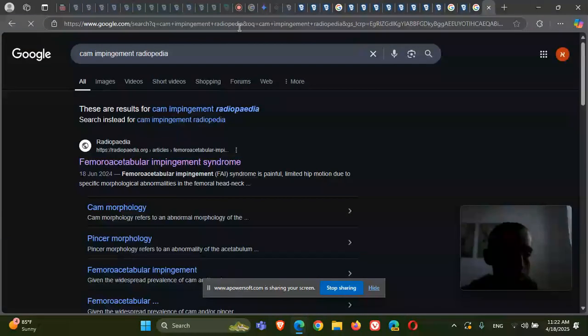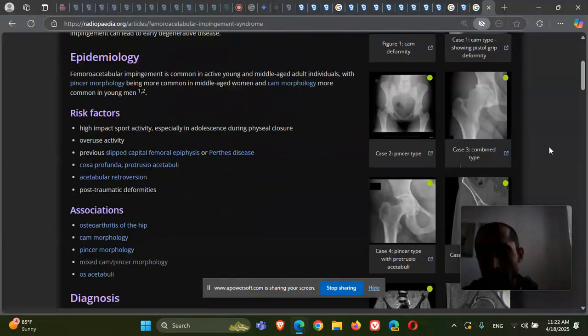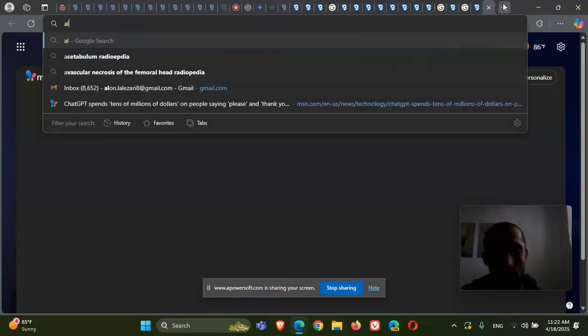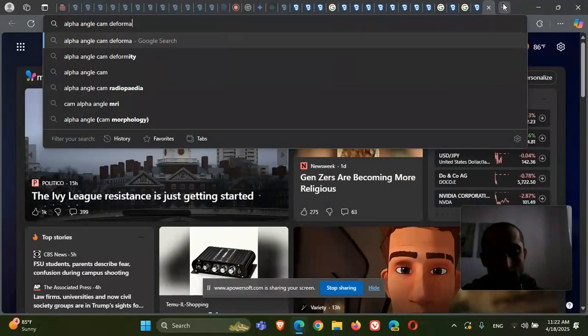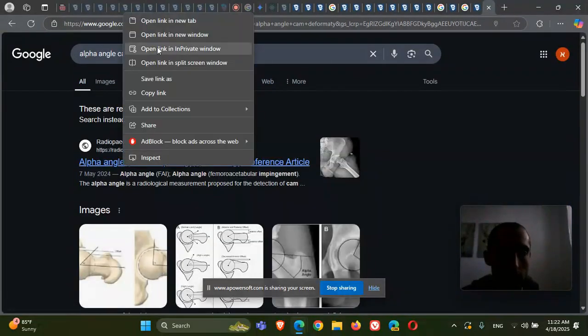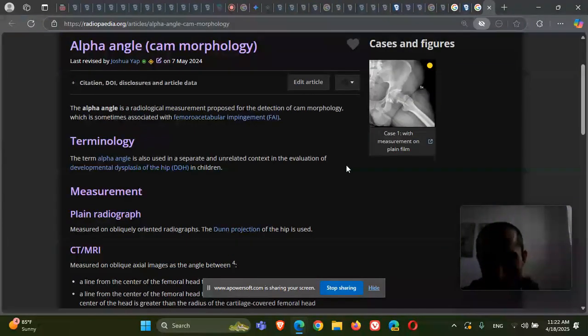When we are talking about cam impingement, let's see if there is a Radiopaedia page. We can calculate what is called the alpha angle. I'm not sure that Radiopaedia shows this well, but for the alpha angle in cam deformity, when it is more than 55 degrees, it is considered abnormal.